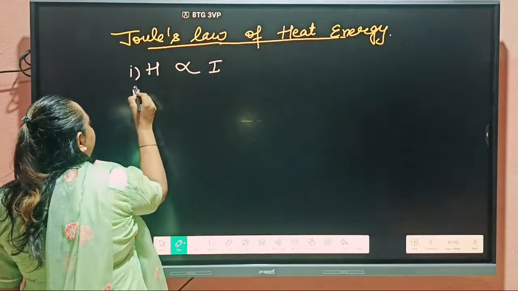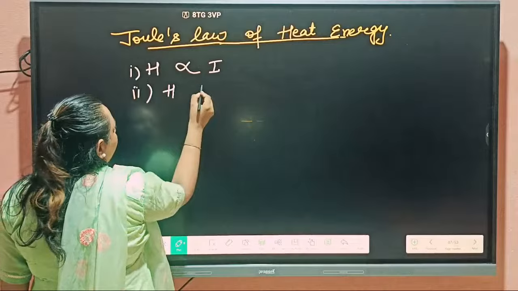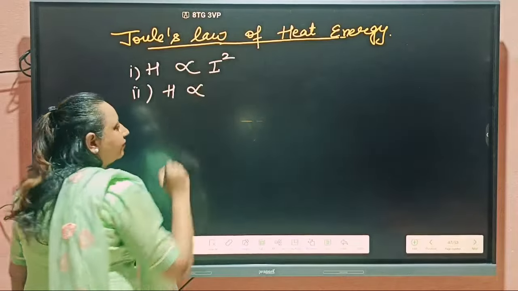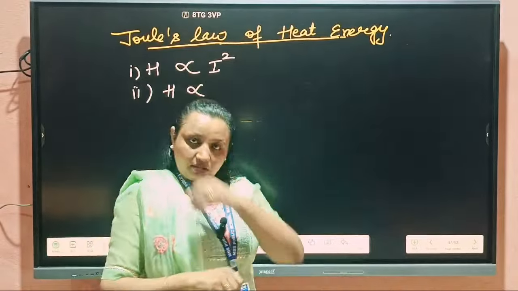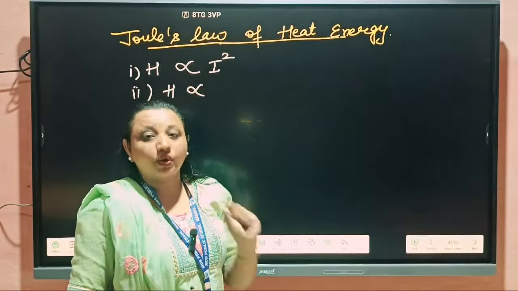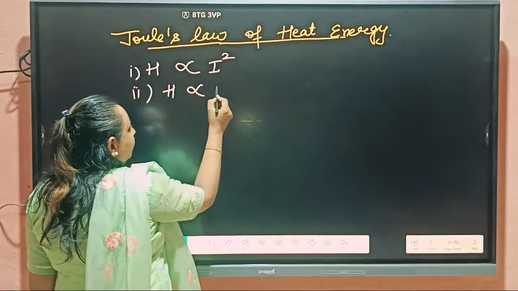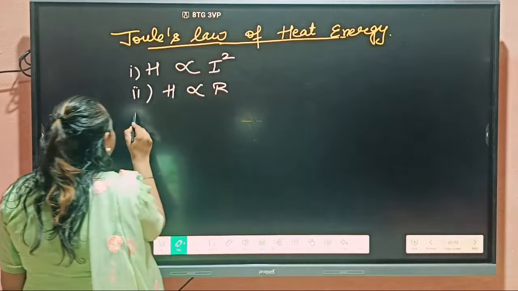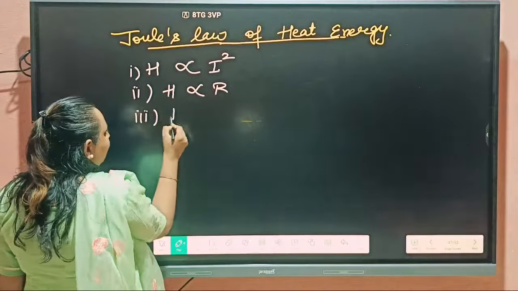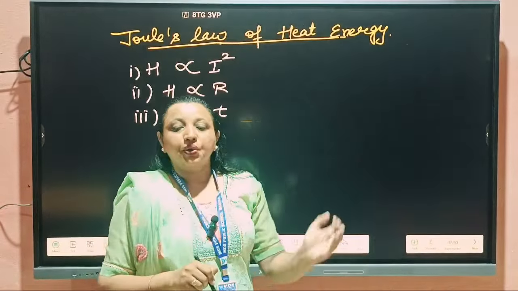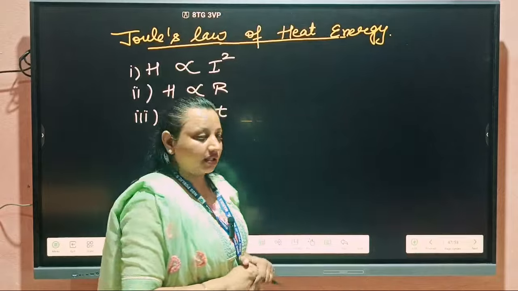Second one, heat energy is directly proportional to, H is directly proportional to I square, the square of the current flowing through the conductor. Second one, H is directly proportional to R. Third one, H is directly proportional to the time duration during which the current flows through the conductor.